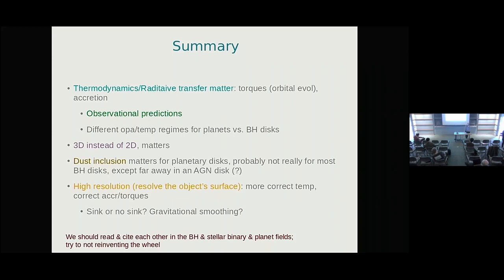That means you're going to get a more optically thick solution, which usually means higher temperatures, which again means reduced accretion and reduced torques. So the torque goes towards the outward migration regime in this case. Two fluid, yeah.